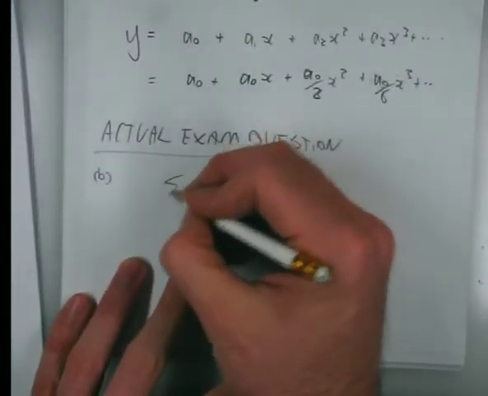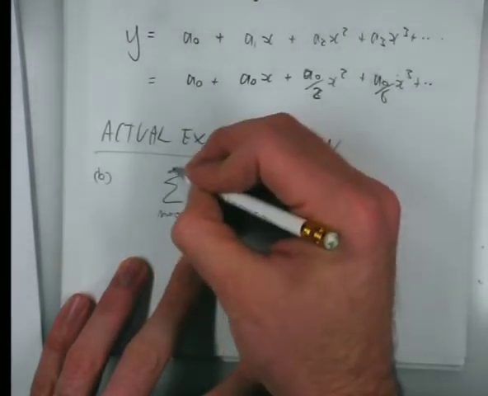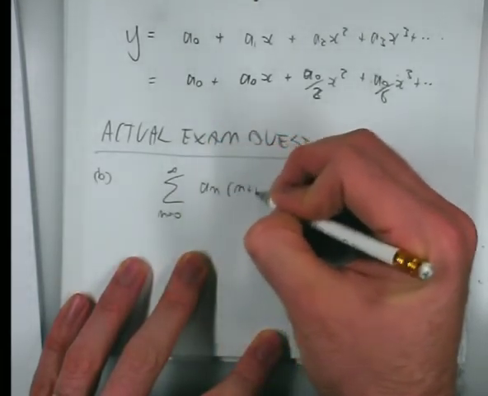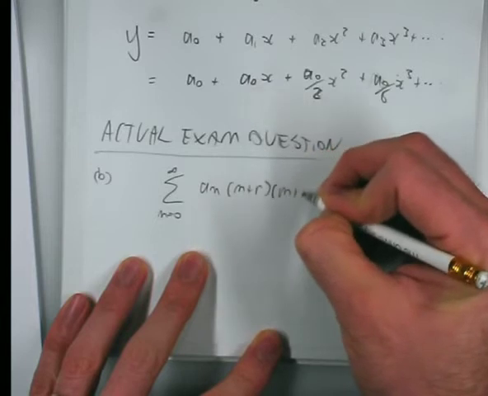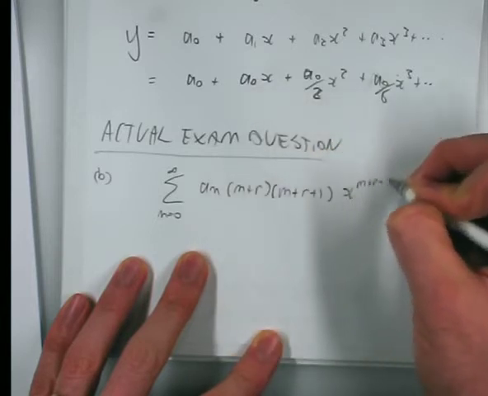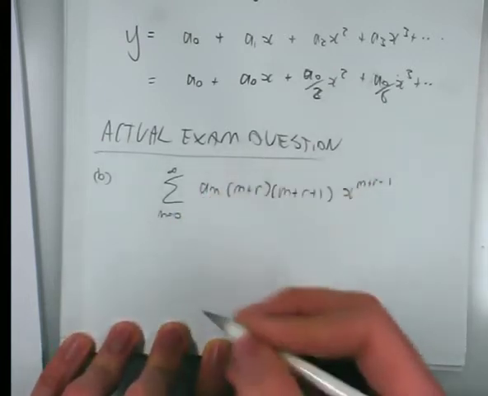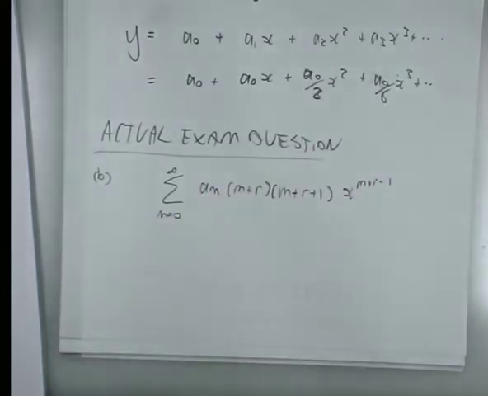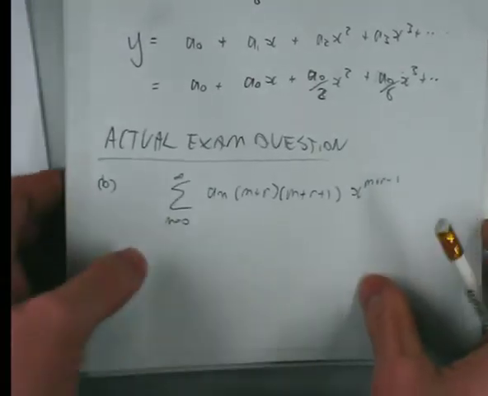So I was given the sum from m equals 0 to infinity of a_m, (m plus r minus 1) plus 1, x to the m plus r minus 1. And I'll just leave some space underneath that one.